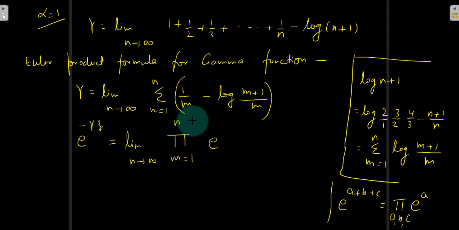Since you are multiplying this gamma with minus z, we get e to the power minus z over m, and we also get e to the power, actually this minus becomes plus, so we get e to the power z times log of (m+1) upon m, and n log m is log m to the power n.